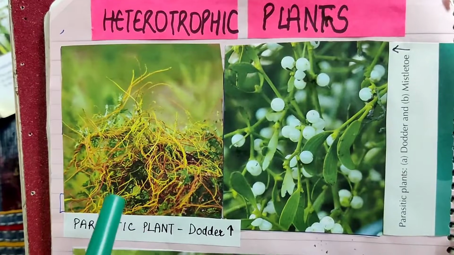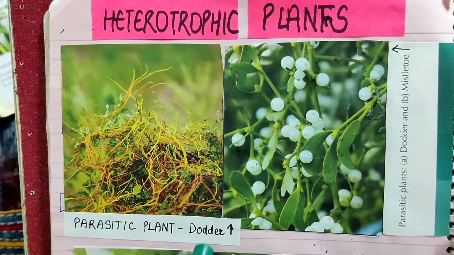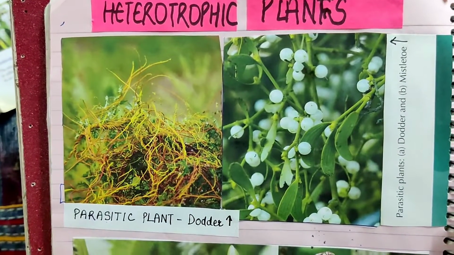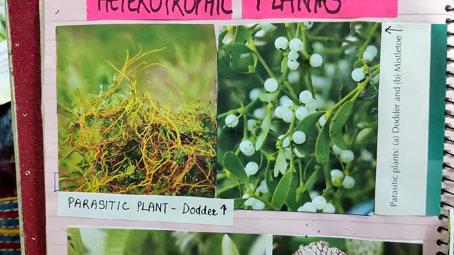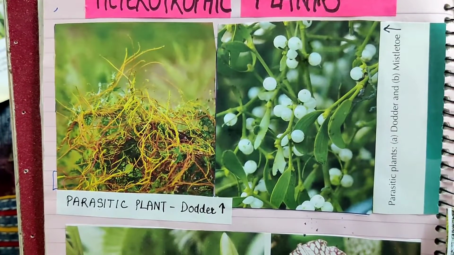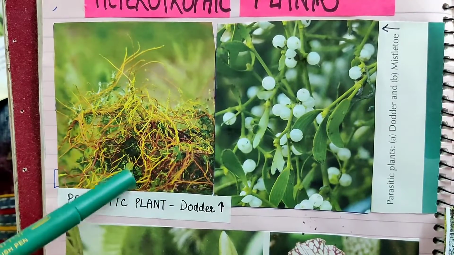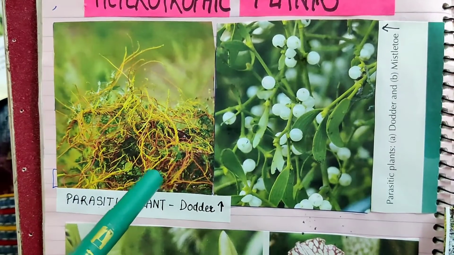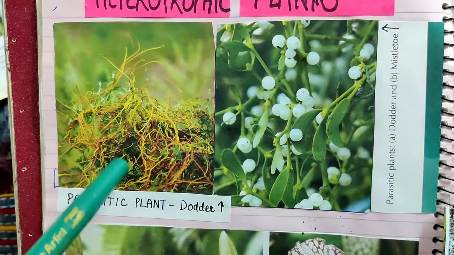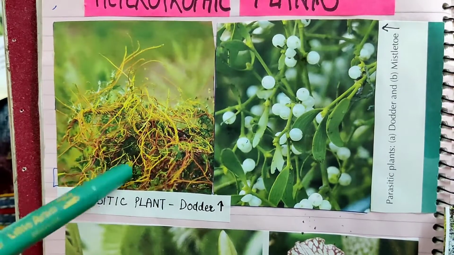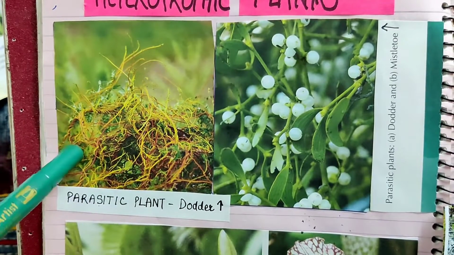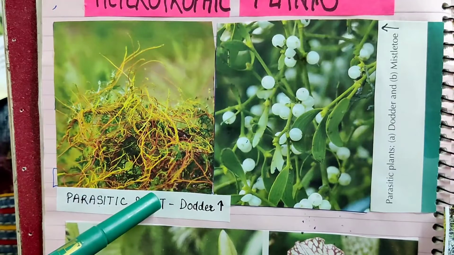As you can see, there is a picture here where the dodder plant is shown. It is a plant which you might have seen in your parks, which looks like a long yellow stem-like structure. This yellow plant just twines around the green plant and draws its nutrition from there.